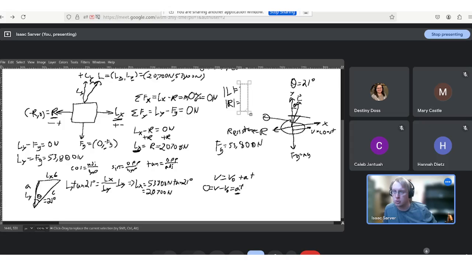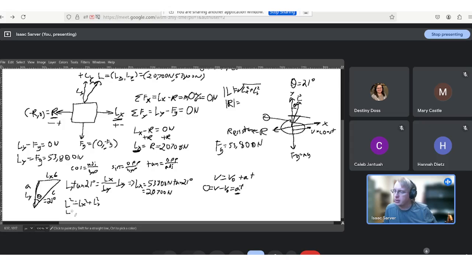Alright, so here we go: the square root of Lx squared plus Ly squared, because L squared is equal to Lx squared plus Ly squared.